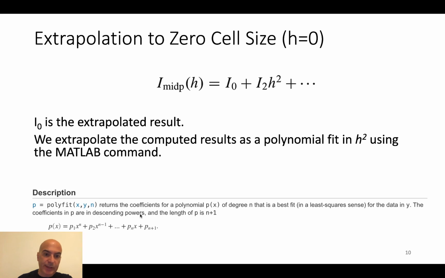Coefficients in p are in descending powers, and the length of p is n plus 1. So you will see this will be the coefficient with the highest polynomial order. The one that we're interested in is I naught, so it will be the last value from polyfit.